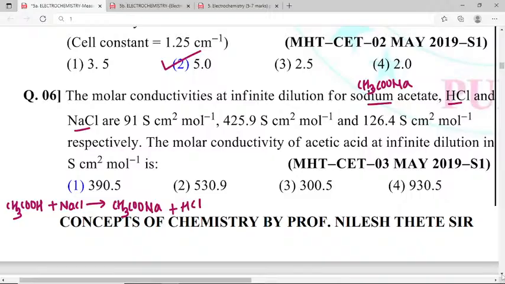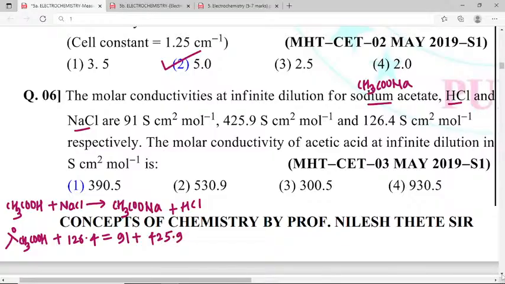So what is the value for acetic acid? We have to calculate it here. Lambda naught of acetic acid CH3COOH plus sodium chloride value 126.4 is equal to sodium acetate value 91 plus hydrochloric acid 425.9.